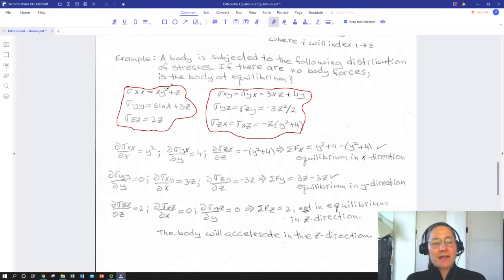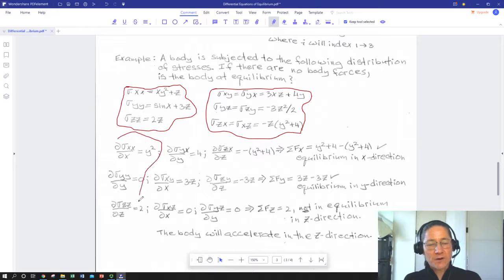So sigma xx, first derivative with respect to x, z is going to act like a constant and go away, and we'll just be left with y squared. We're going to take first partial of sigma yy with respect to y is going to equal 0 because there's no y components, and sigma zz with respect to z will just be 2. So here's the first part.